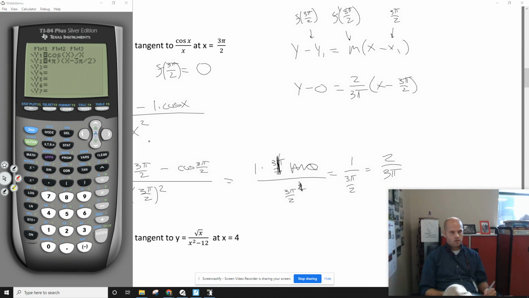And this will be my function, cos x over x. And at 3 pi over 2, if I zoom in right there, I should be able to see our handiwork better. Yeah, so our function actually ends up going up, and that's why this line, boom, is the tangent right there. Let's just make sure it's 3 pi over 2. Yeah, so right there, that fits perfectly.